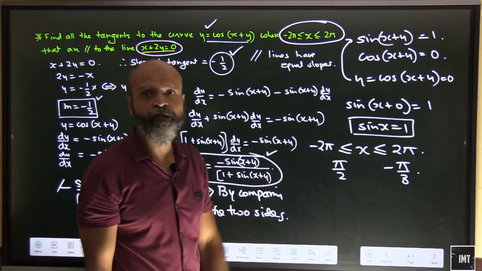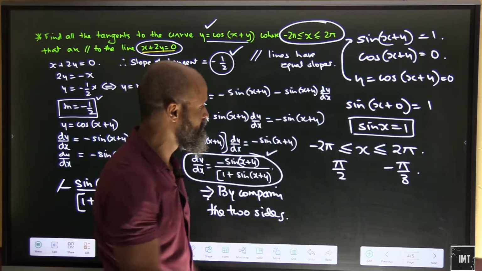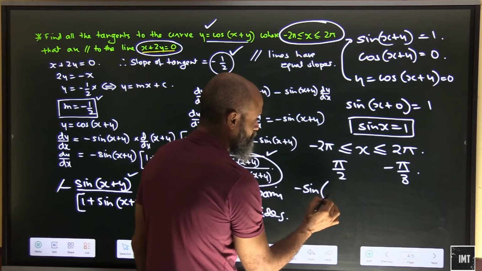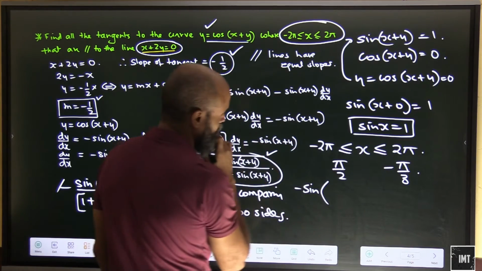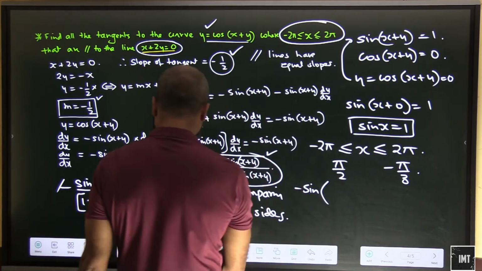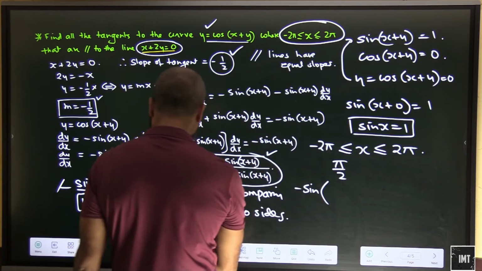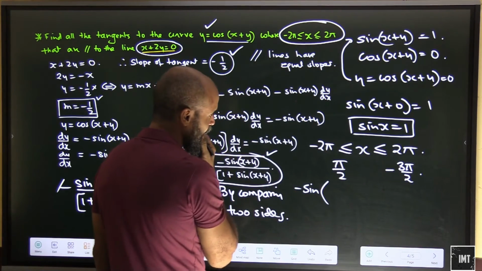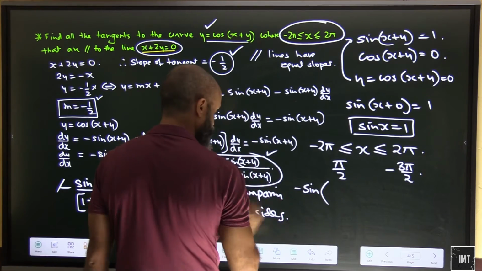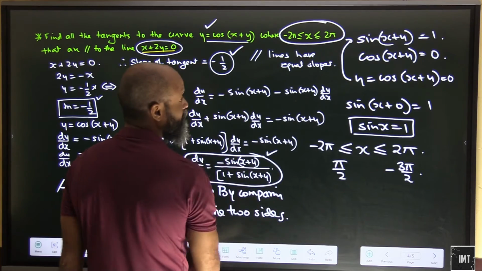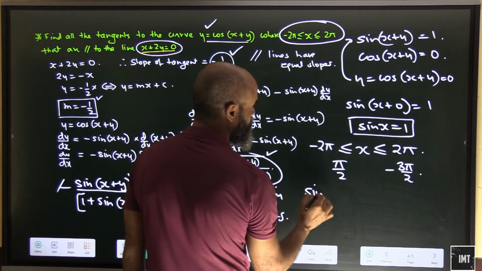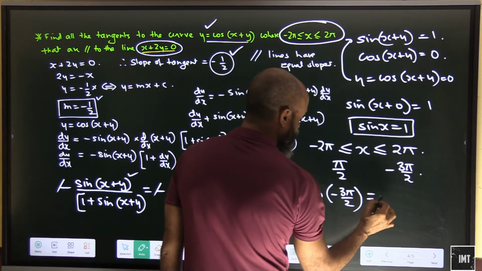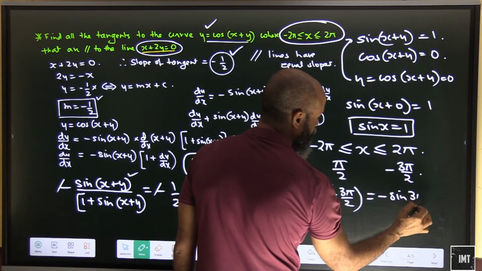Let's verify. We know that sin pi by 2 is 1. Now for minus 3 pi by 2, sin of minus 3 pi by 2 is going to be minus sin 3 pi by 2.